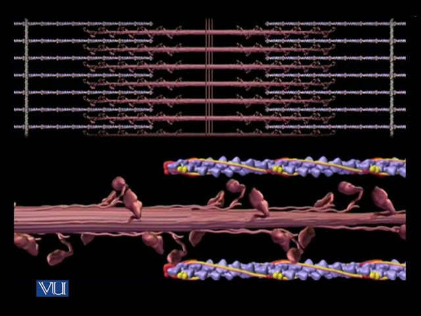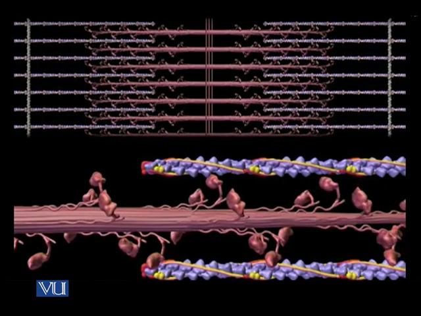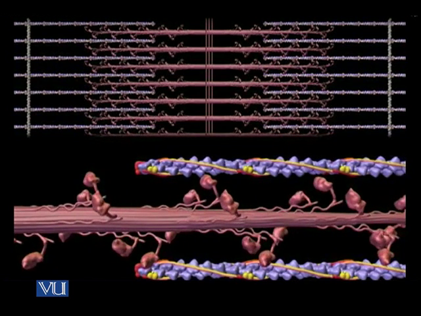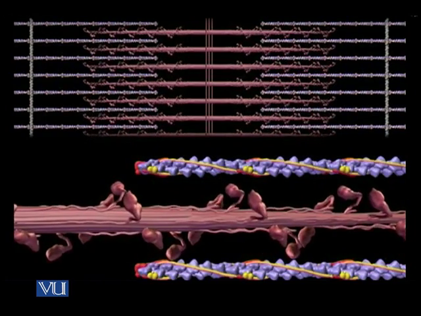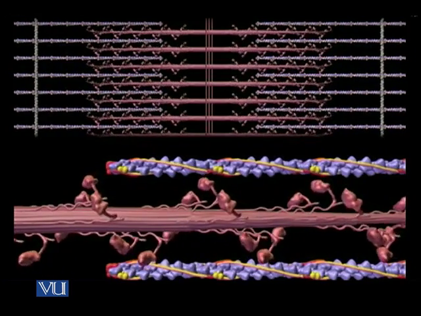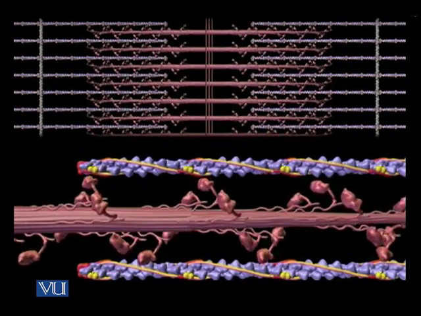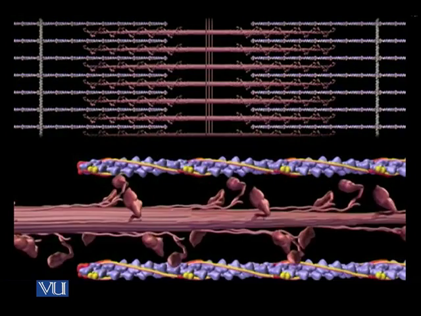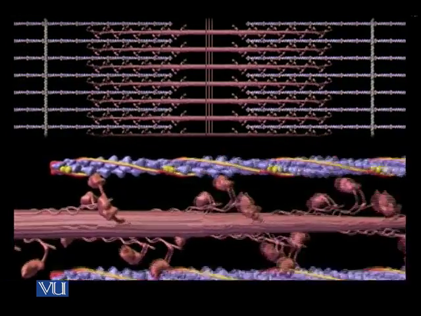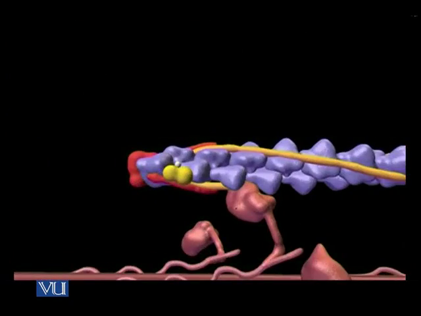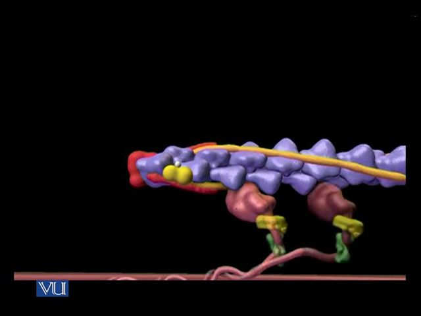So please notice how myosin heads will attach and they'll use ATP energy to slide these actin filaments. Let's see this process. This process is going to repeat itself, and as you can see, the actin filaments are moving 5 nanometers per stroke. Now we are going to look at this at a higher magnification.